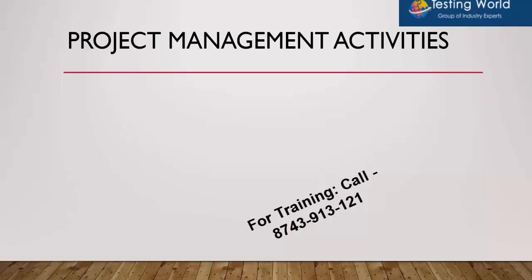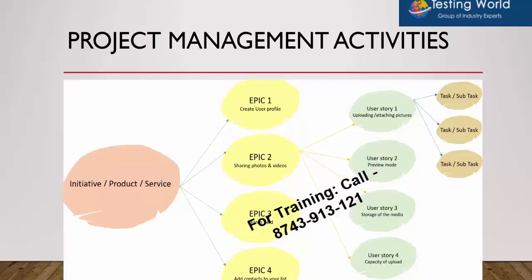In the user stories, we will have to create tasks and subtasks. So a lot of activities have to be done even before actual development or testing starts. I'll show you what activities we are going to perform, and then I'll show you how we can do them. So let's move one by one.